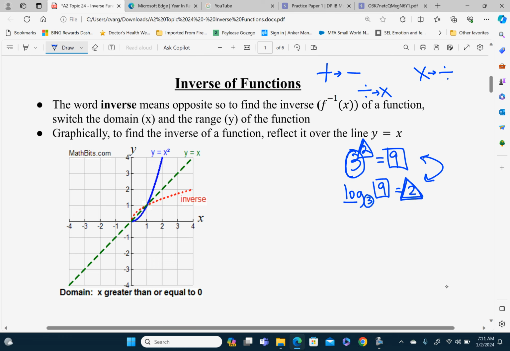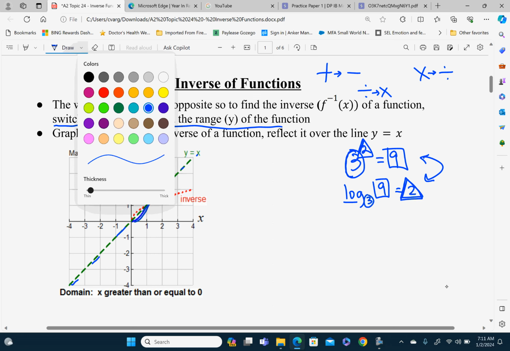All right, so basically what we do when we're finding the inverse, all you do algebraically is switch the x and the y, and then check and see if the answers work, and if not, solve for y. Okay, so we'll go through an algebraic problem in a second. Graphically, what it means is we have this line right here called y equals x, and inverses are reflected over that line. So for example, this first line in blue is the line y equals x squared.